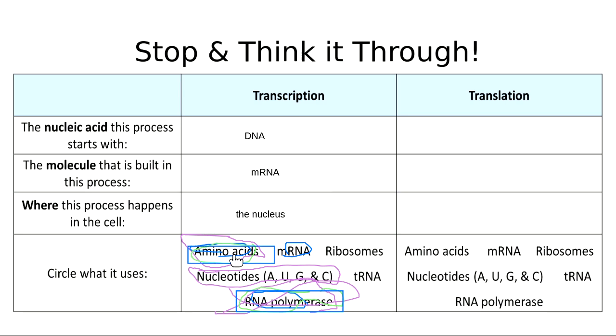Help me understand, when we select amino acids in the process of going from DNA to mRNA, where do we use amino acids? Can anyone help me understand? A couple of us are saying we don't. We don't actually.